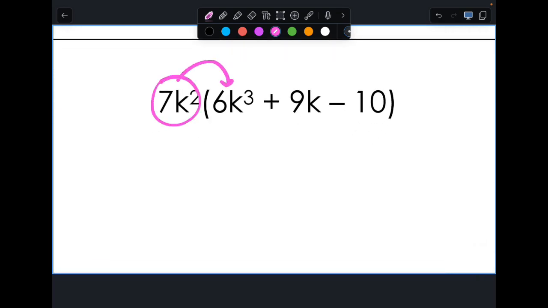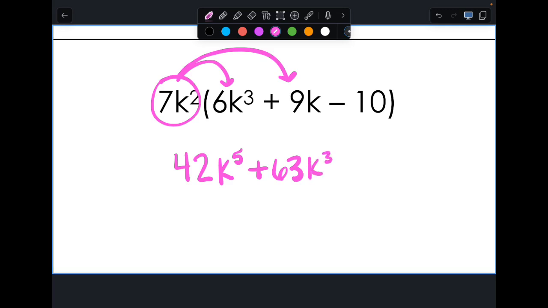Sure. All right. 7 times 6, 42. My bad. k squared times k cubed, k to the power of 5. 7 times 9, 63. k squared times k, k cubed.